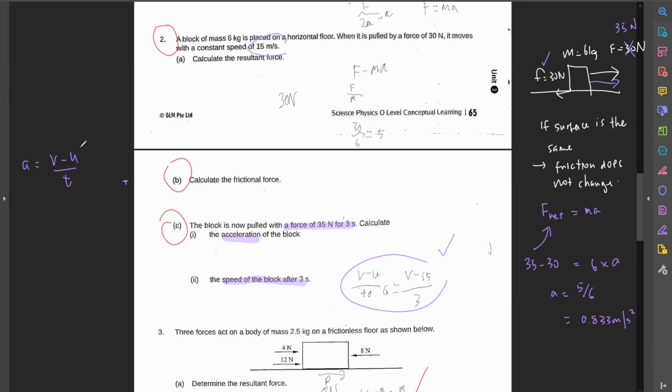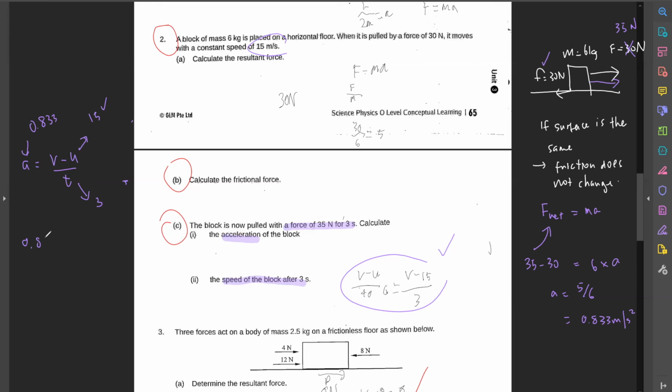So that means the initial is 15. Then they say time is 3 seconds. Then you know acceleration now is 0.833.